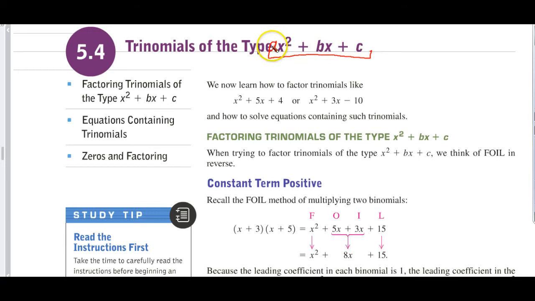But notice that the a in these down here is just a 1. So in this section, we're going to learn how to factor these, and then keeping in mind looking for the zeros, the technique that we had earlier.